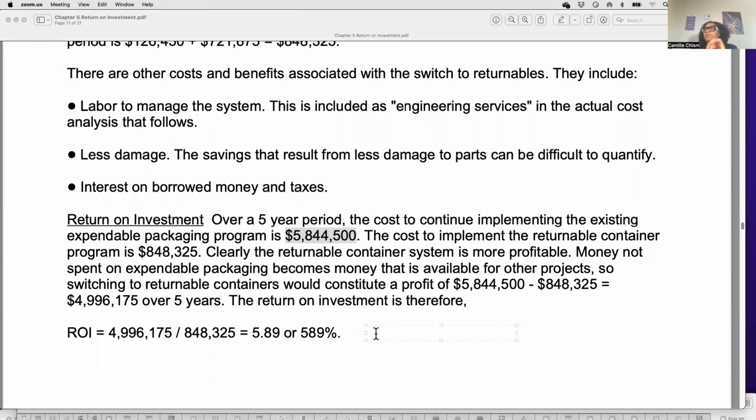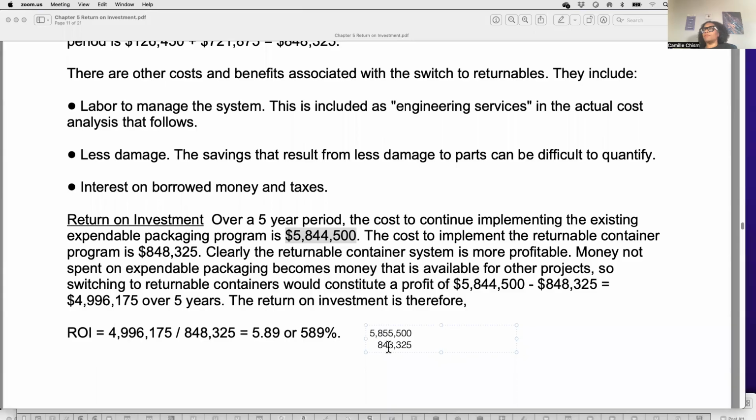Okay, so you could take this, look at this, 5,844,500, okay? And then the cost for the returnables is going to be, and I'm just going to put it under here so you can see, 848,325. So if you compare those two, look at this.